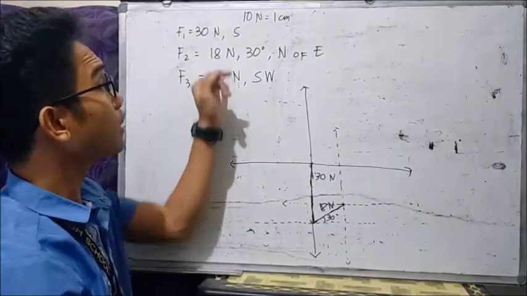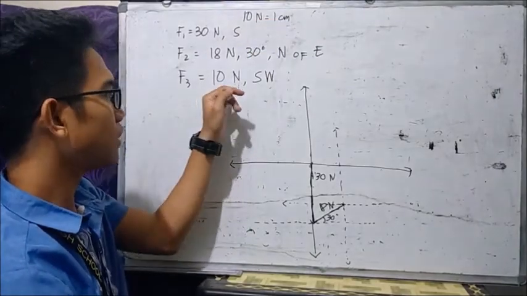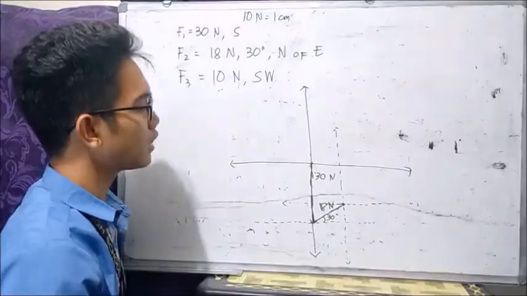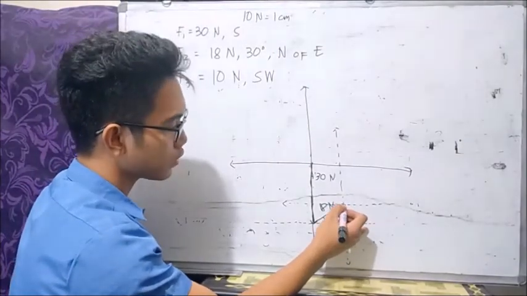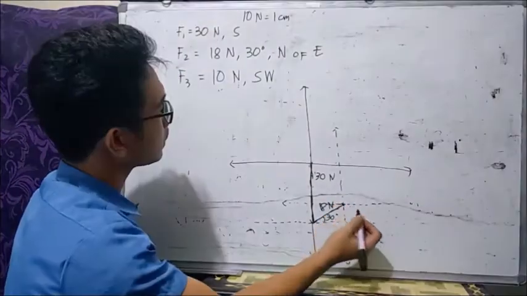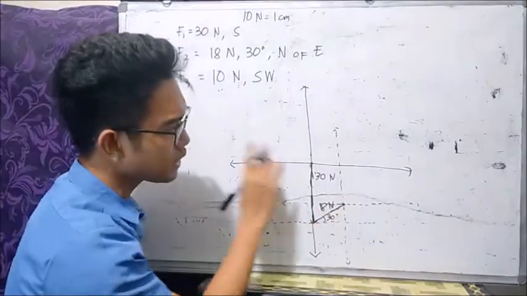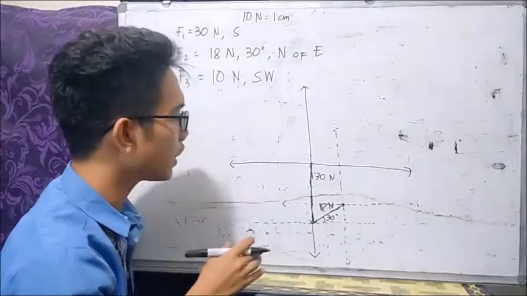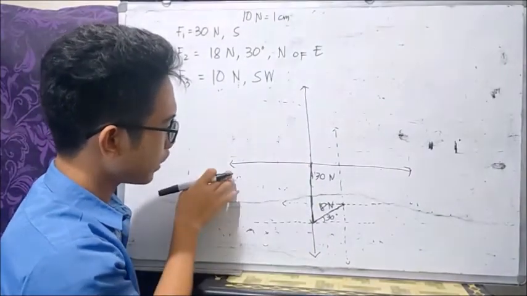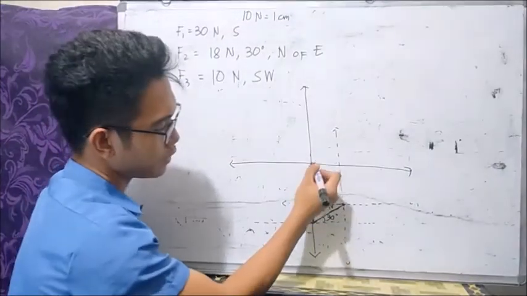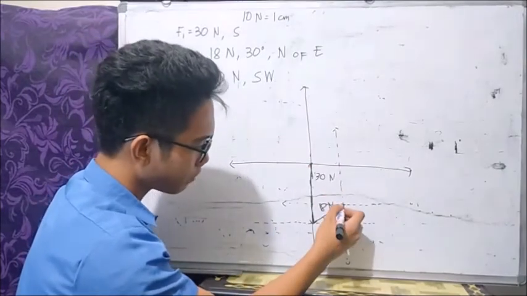Now our scaling is 10 Newton is 1 centimeter, so this is now equal to 1 centimeter. So we're going to measure 1 centimeter that is going southwest. So if that is southwest, it means that it is between south and west. So therefore, the angle should be 45 degrees.